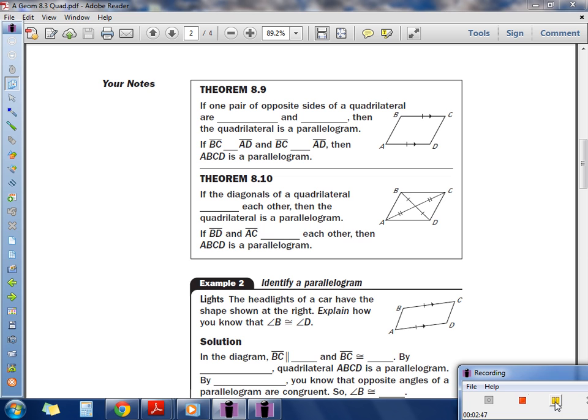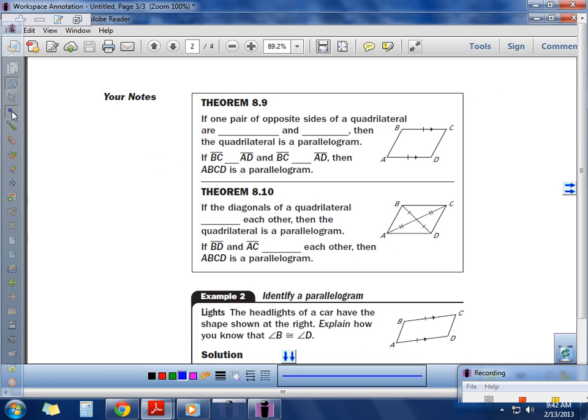Up next, we have a couple more theorems you should be familiar with and be able to describe. Now, this one is a little bit different than what we learned on 8.2. It's an additional theorem that we can add on to our list from 8.2. So it doesn't mean that all opposite sides are congruent. It's only one pair of opposite sides that are congruent, and only one pair of opposite sides that are parallel.